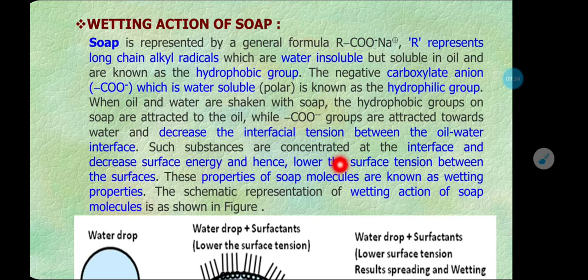Such substances are concentrated at the interface and decrease the surface energy and hence lower the surface tension. So why is the tension created? Due to the surface energy. So surface energy will be decreased, and ultimately surface tension will decrease at the surface.